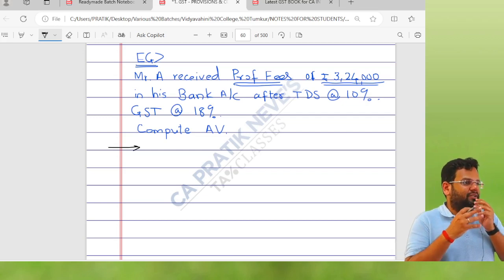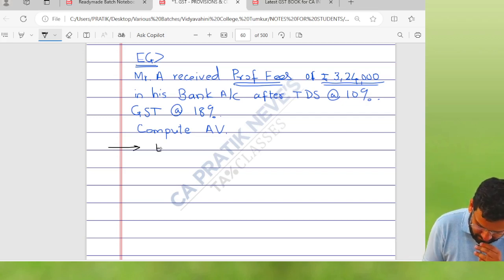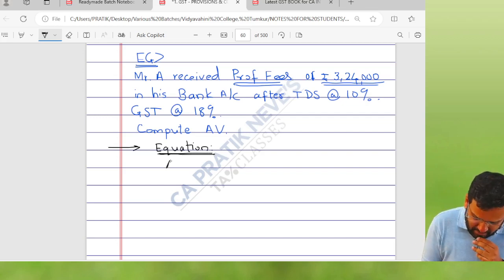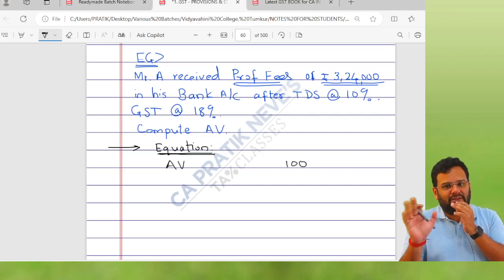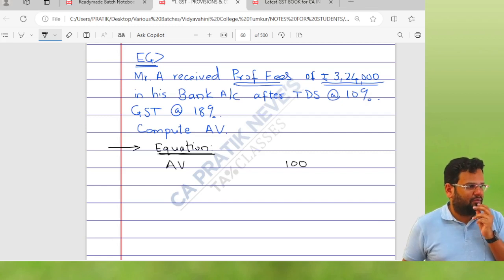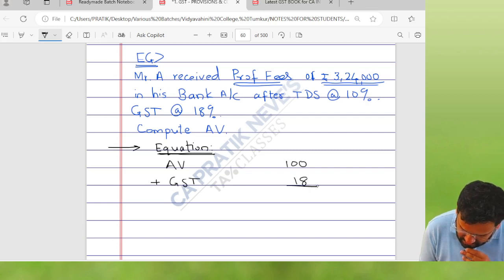Anything you can frame in equation form, no? In 4th standard you have learned. What is the equation? Write down the equation. Assessable value: in front of assessable value, write 100. So friends, when assessable value is 100, what is the GST in this case? So write down plus GST 18.